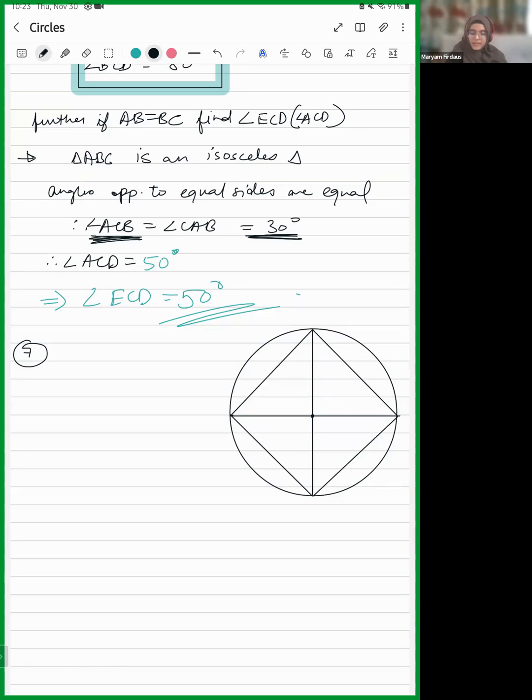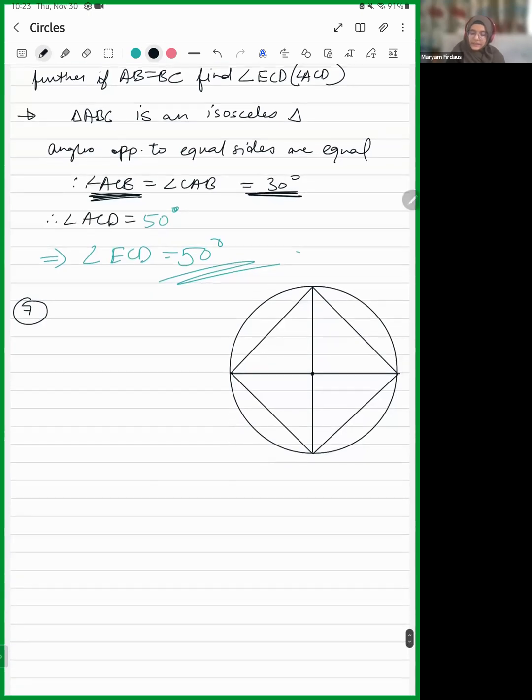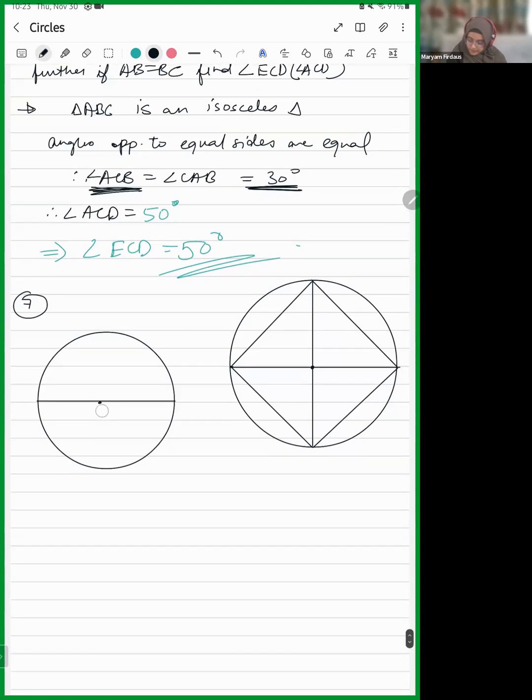See, it doesn't have to be at 90 degrees. I have drawn it at 90 degrees. If it is at 90 degrees, then it is going to be a square. But if it's not at 90 degrees, I'm just going to draw a small version of it. Let's say one of them is going like this, and the other one is going like this.